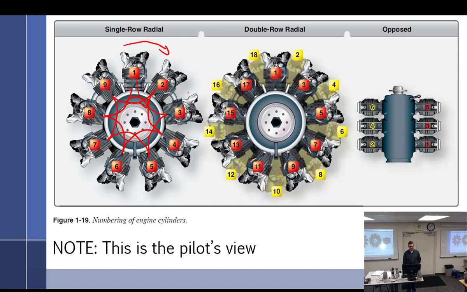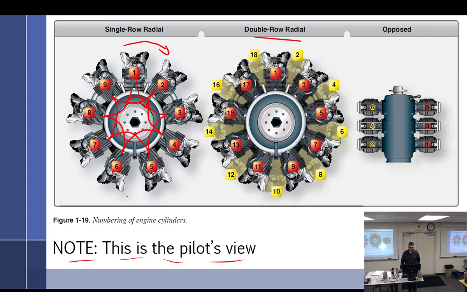Every other one. That's why radials always have an odd number of cylinders, unless it's a twin row, then it's two odds making even. Follow? All right. I will not attempt to memorize the double row radial. No, this is the pilot's view.